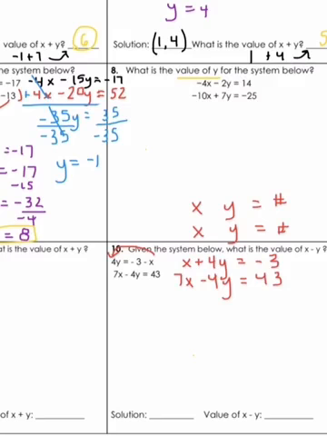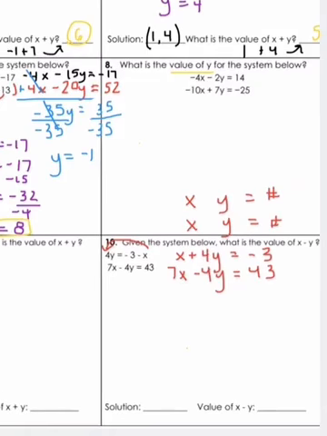So now we're ready to look for the like variables. The x's are not the same, the y's are the same, and they're opposite. So that means we can just add straight down without having to multiply anything. So 8x, the y's cancel, and that is 40.